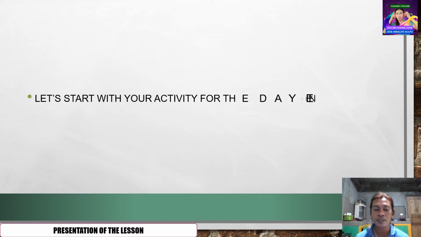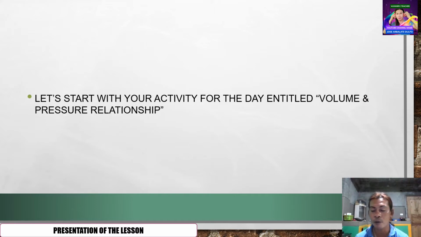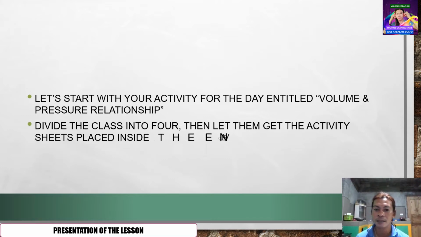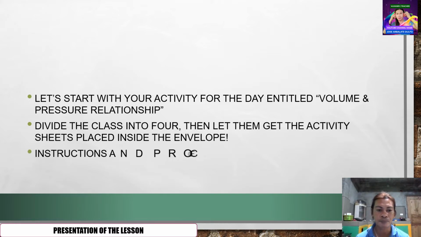For the presentation of our lesson, it starts with an activity entitled Volume and Pressure Relationship. Divide the class into four, then let them get the activity sheets placed inside the envelope.